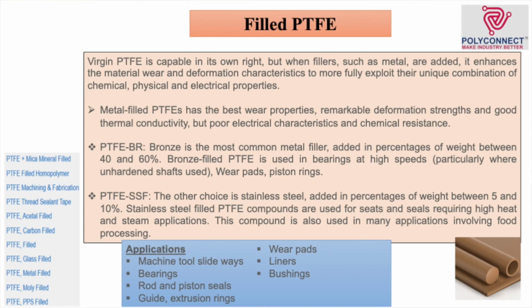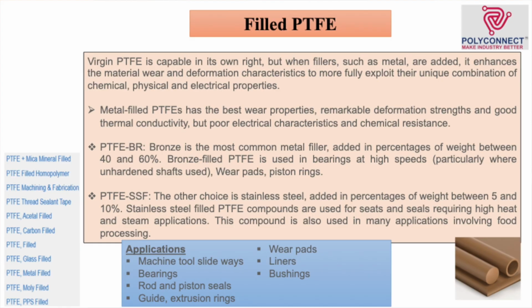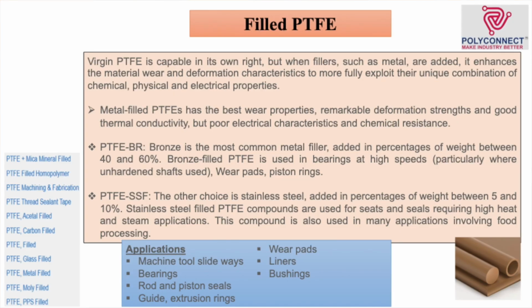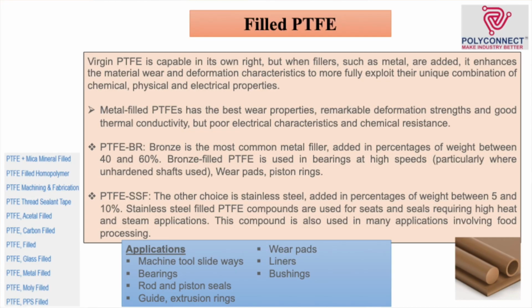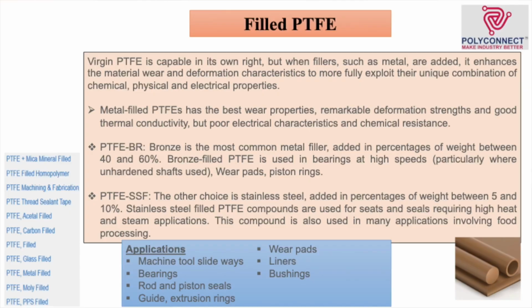Filled PTFE. This is Teflon, which is filled. Teflon already has a better lubrication property, but it does not have toughness and hardness like metals. So metal is used to modify the Teflon, and you get the ease of processing of plastics compared to metal.